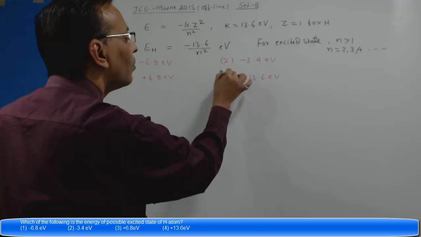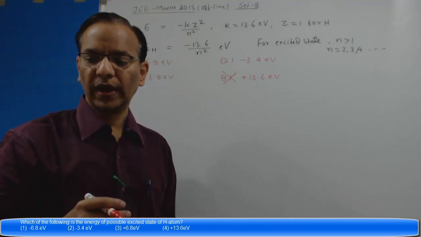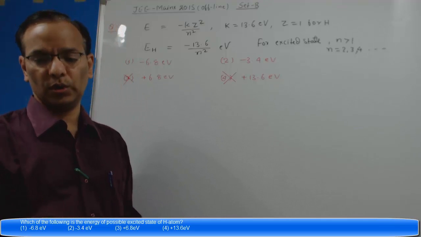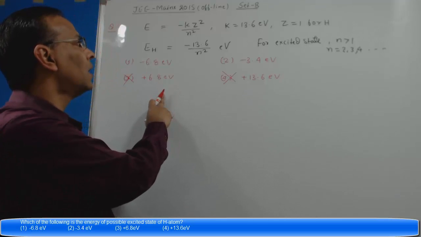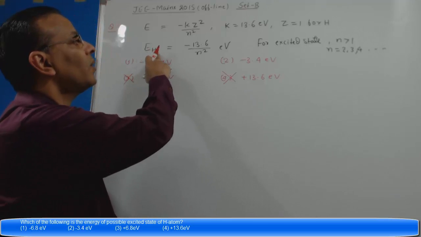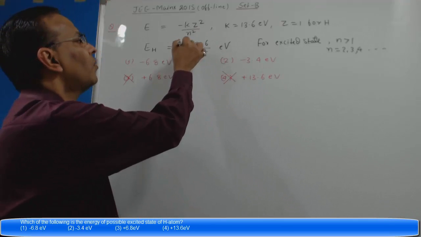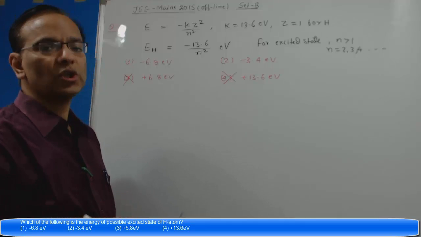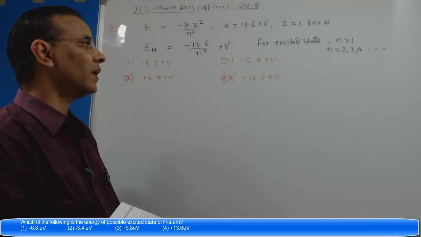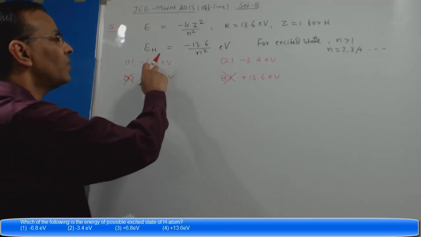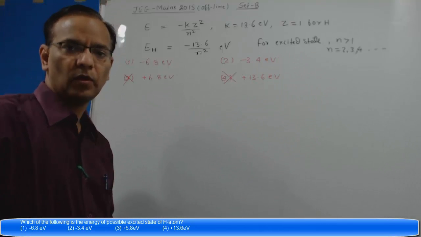So option 4 and 3 are clearly ruled out, since they are positive, and the energy of a stationary orbit will never be positive, since the value of n is always positive, so this will always be negative due to this minus 1. So these two are not possible. Then between these two we will have to check for the values of 2, 3, 4 one by one.